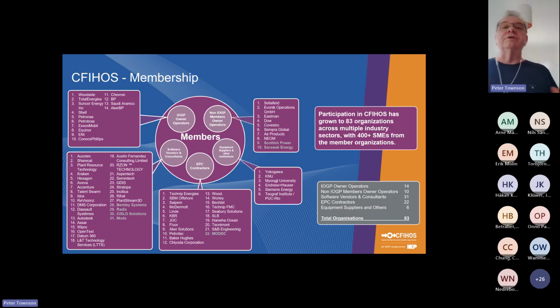One area that is underrepresented within CFIHOS, and we are working to develop that, is what we call the equipment suppliers and other institutions. We've got a number of universities involved within CFIHOS, and we've also got a few equipment suppliers. But having said that, we could do with beefing up that area, because all of the content within CFIHOS is developed by the members.